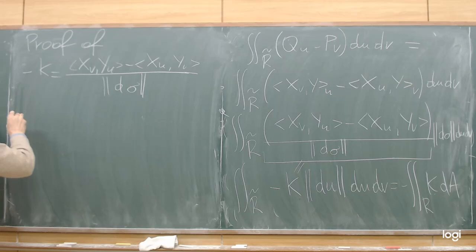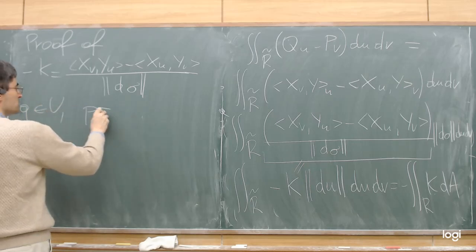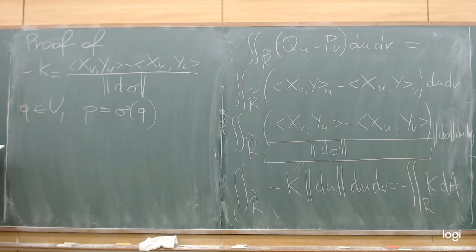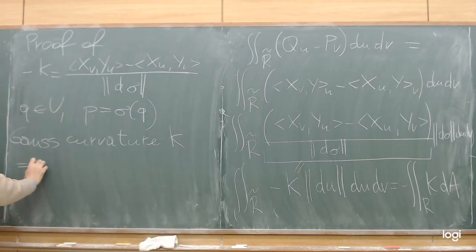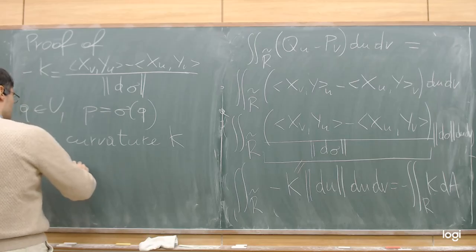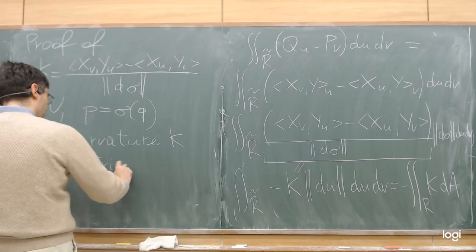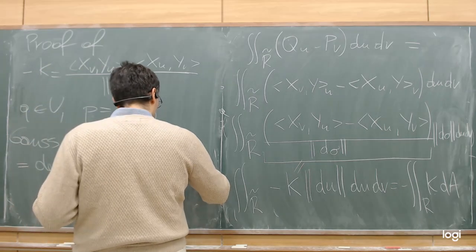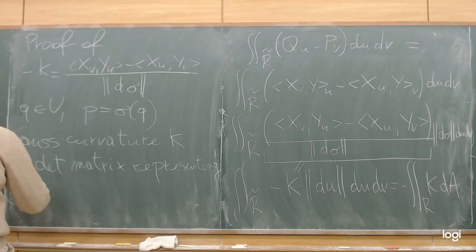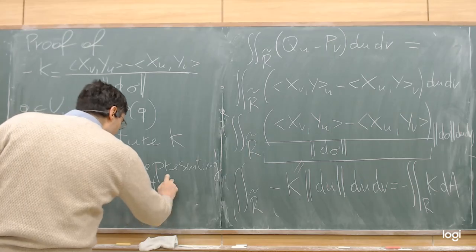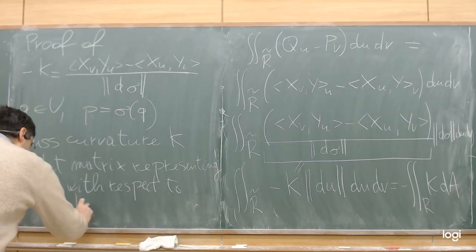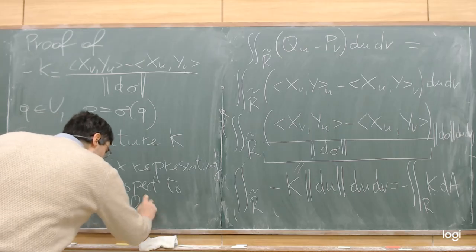If we fix q in u and we denote sigma q by p, then you know that the Gauss curvature k is equal to the determinant of the matrix representing the map WP with respect to any basis of TPS.